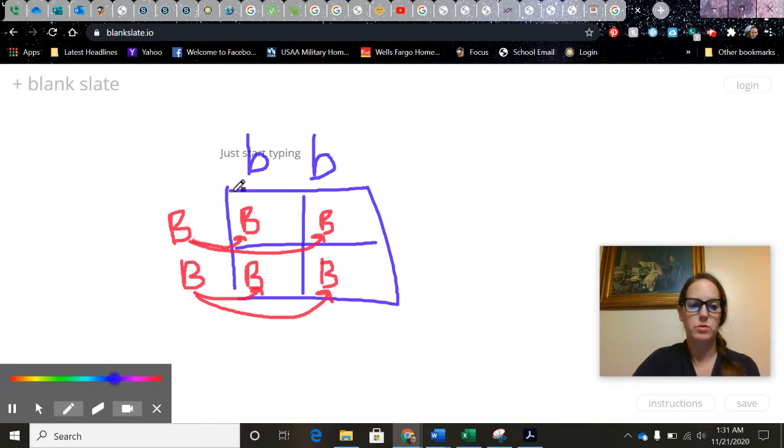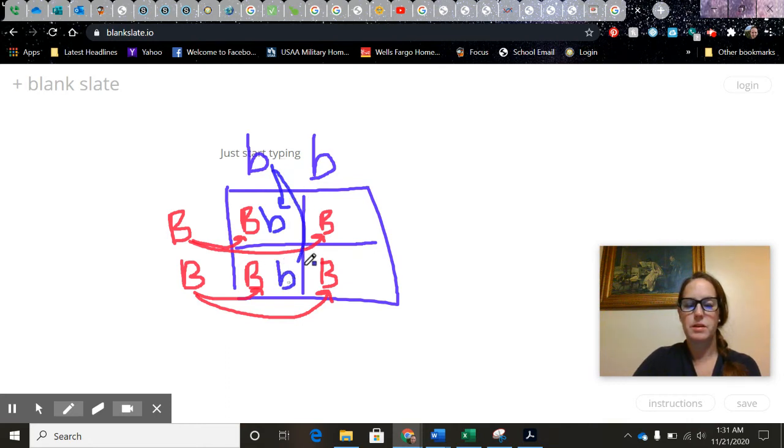Then we move back to our dad. We bring his trait down. Little b, little b, little b, and little b.